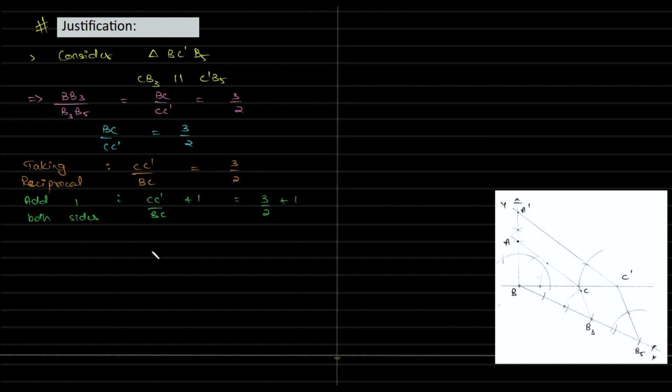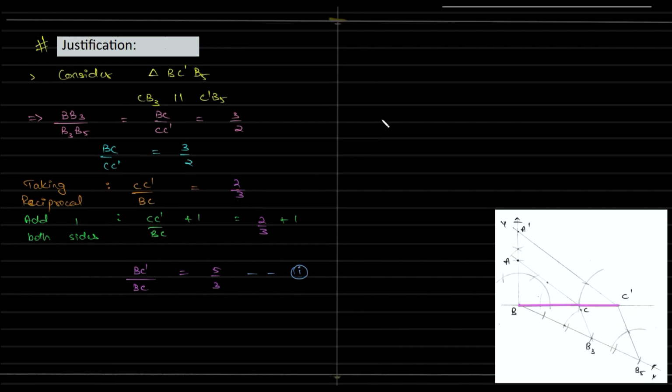So taking the LCM and all of that, we have BC plus CC dash being equal to BC dash, very clear from the diagram, by BC is equal to 5/3. Oh, I missed out inverting it. This is 2/3, and this is 5/3. So we got the required ratio, and all we have to prove is all the sides are of the same ratio.